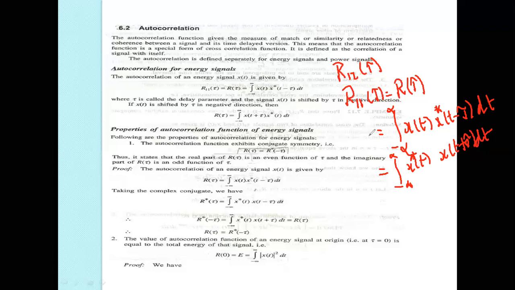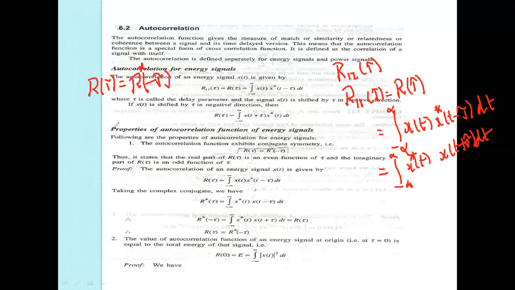Now the properties of autocorrelation for energy signals. The first property says that the autocorrelation function exhibits conjugate symmetry. That is, R of tau is equal to R conjugate of minus tau.